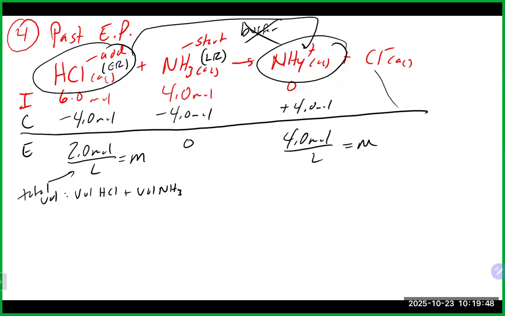Here we have 2 acids left over. We have our salt, which is an acidic salt that will go through hydrolysis, and we have our strong acid. Between those 2 acids, clearly the HCl is much stronger.